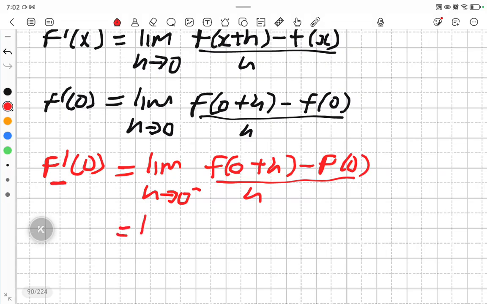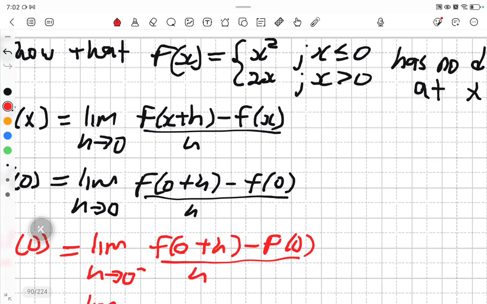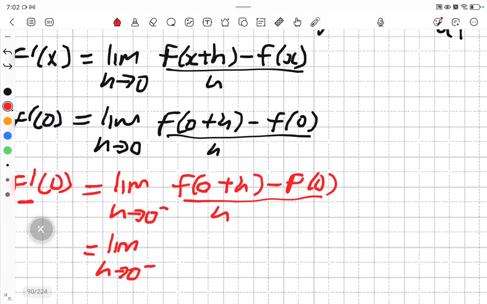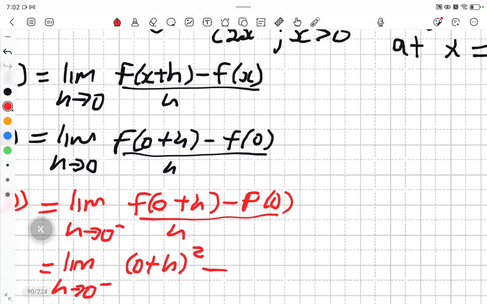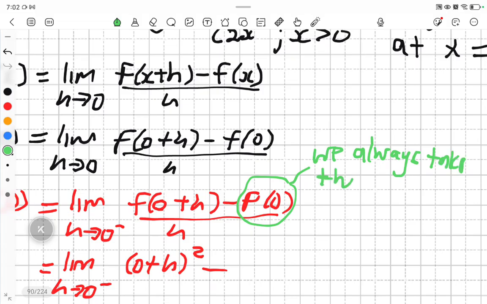So if this is approaching from the left, what will happen? That is the question that I asked myself. So we're gonna take the left, and the left is this one, right? x squared. So wherever there's x, we'll replace by 0 plus h. So this would mean that we'll have 0 plus h squared minus f of 0. This one, we always take the one where x is equal to 0.